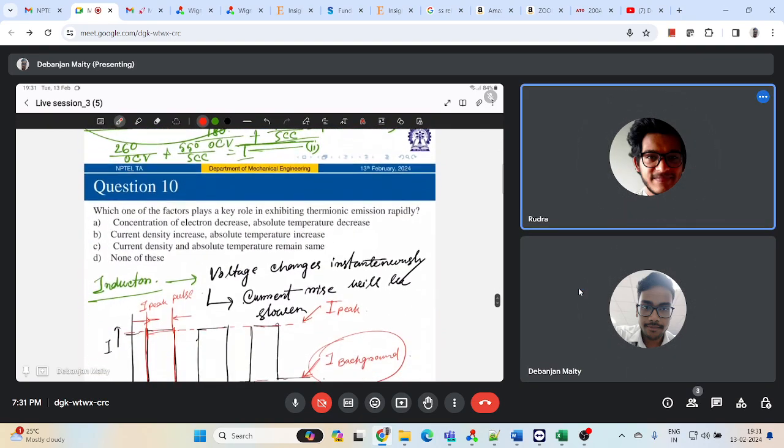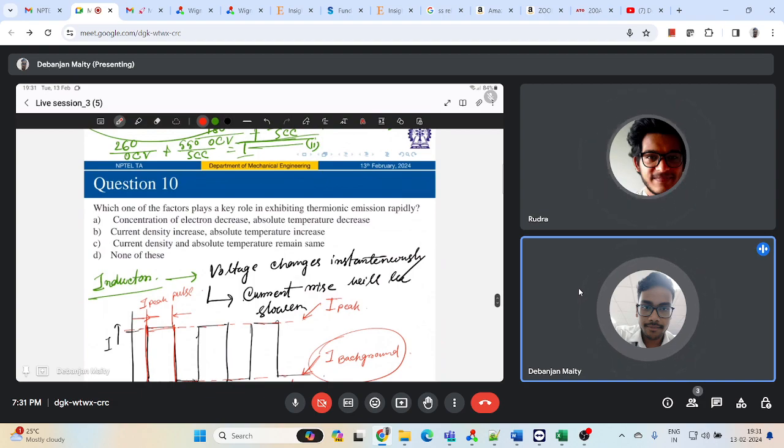Question 9. Which one of the factors plays a key role in exhibiting the thermionic emission rapidly? So we already talked a lot about this thermionic emission and thermal ionization process. It says concentration of electron decreases, temperature decrease; current density decrease, temperature increase; current density and absolute temperature remain same.